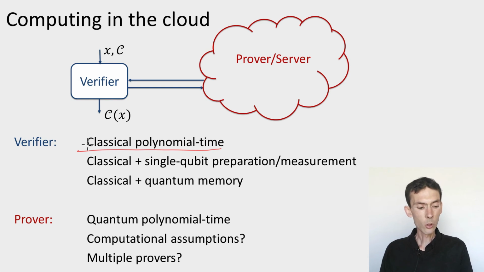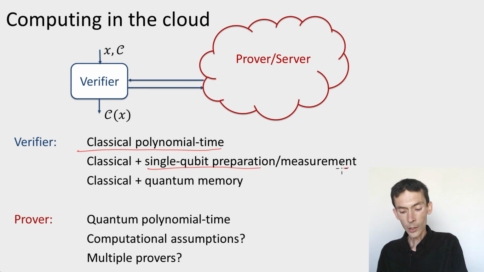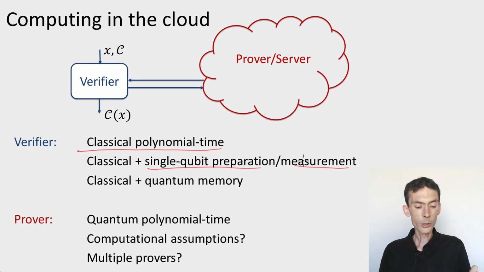Unfortunately, as we'll see in the coming videos, we can't always achieve this, and sometimes we have to assume that the verifier has limited quantum abilities. For instance, we could ask that the verifier is able to prepare single qubits, one at a time, in certain bases, say the computational and the Hadamard basis. Maybe we might need the verifier to be able to implement very simple measurements.